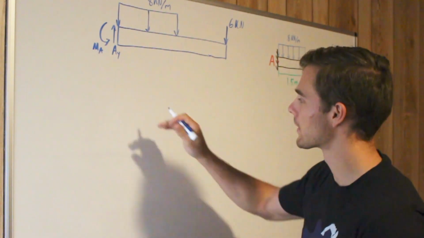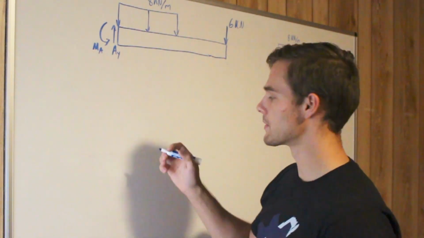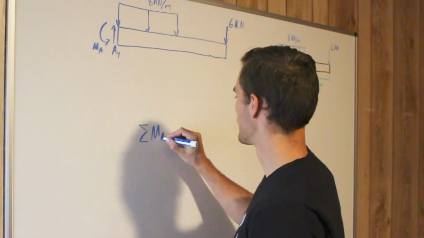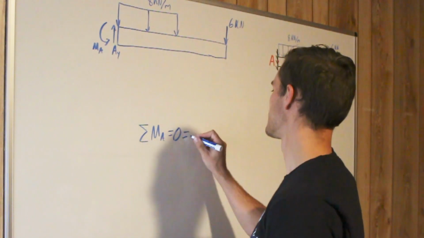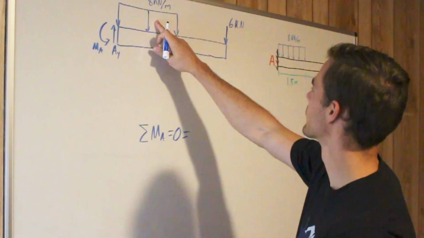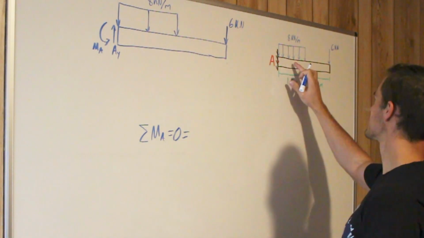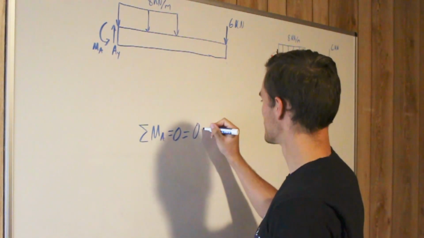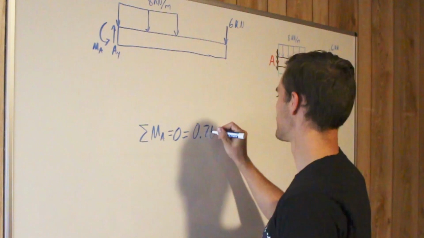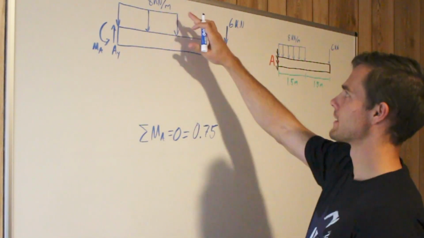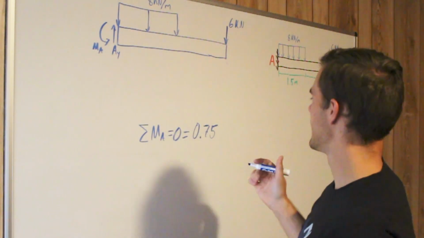The way we're going to solve for those is with equilibrium equations. We'll say that the sum of the moments about point A equals 0 because it's in equilibrium. Then we have this 8 kilonewton per meter load. The center of gravity is 0.75 meters away from point A. It's 1.5 meters long, so 0.75 times 1.5 times 8, that's 12.